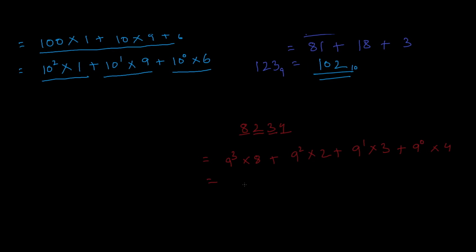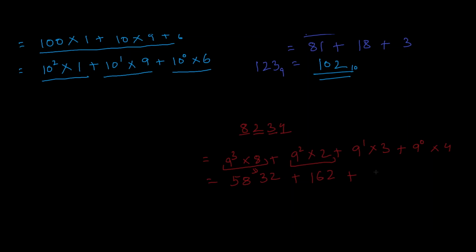And of course, if I solve this, let's get out my calculator actually, because I don't want to do this by hand. This would be 5,832. This would be 81 times 2, that's 162, I believe.